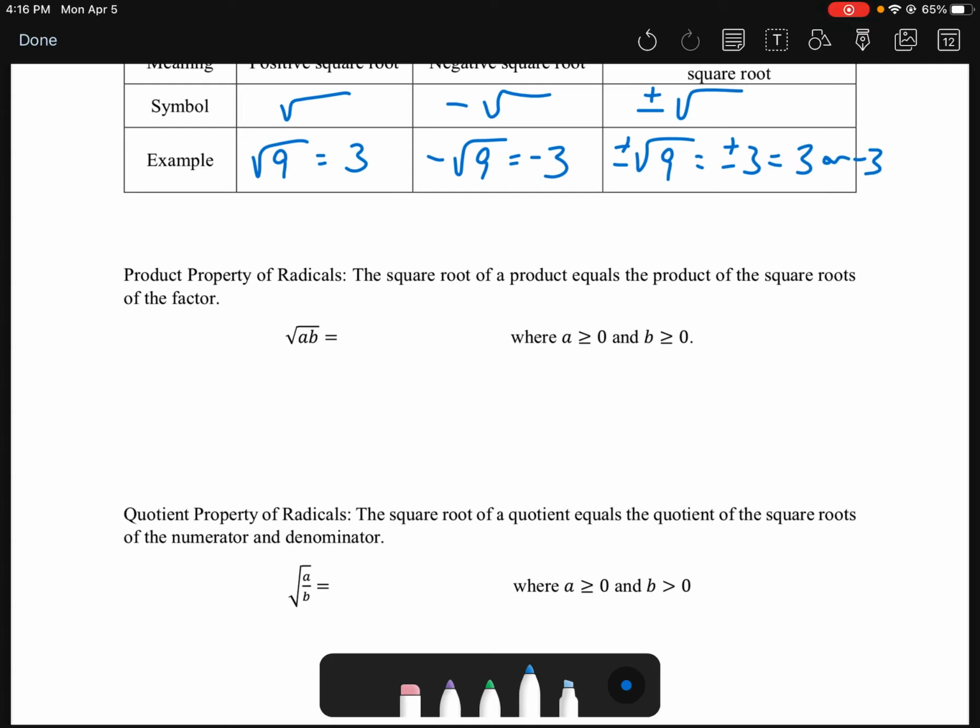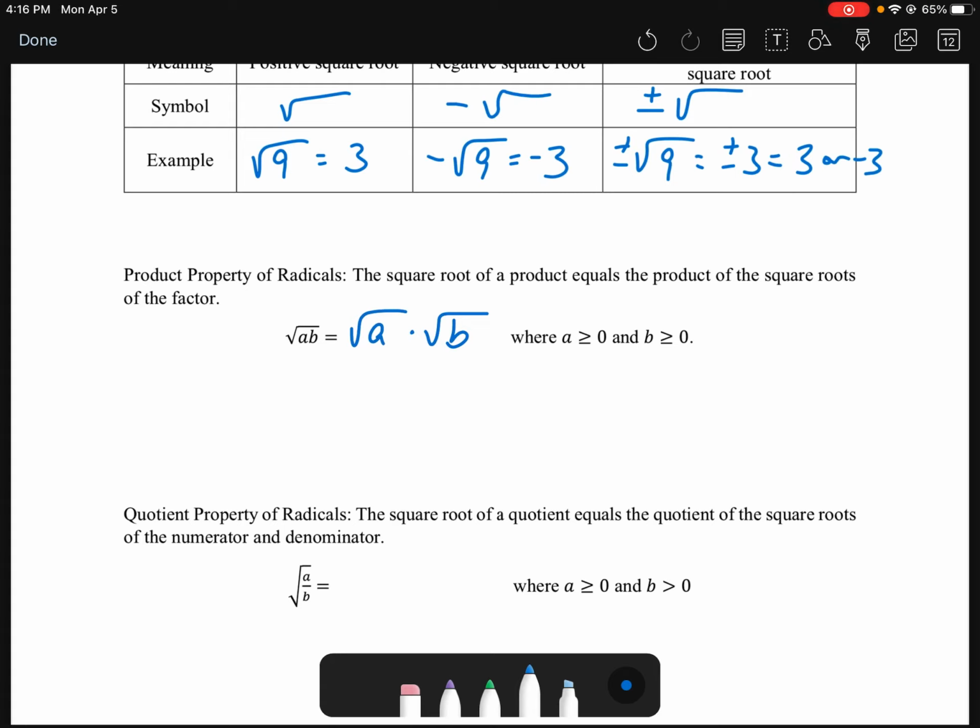So for example, if I have the square root of AB, that is the same thing as the square root of A times the square root of B. So I'm just splitting up those two factors and then taking the square root of both of them. And this is true when A and B are greater than or equal to 0. So again, any of my positive numbers, and 0 can be included for both of them.